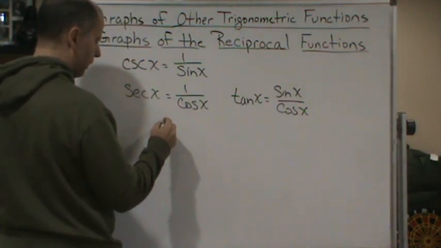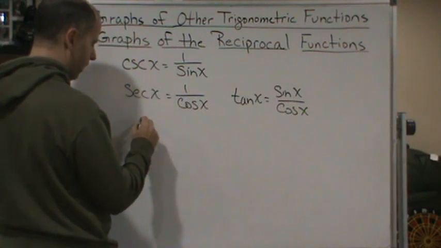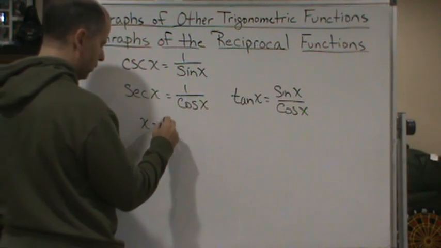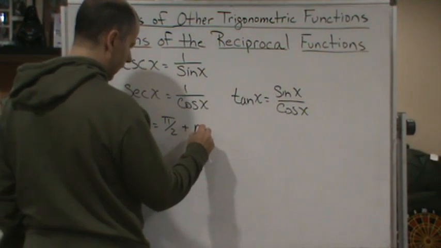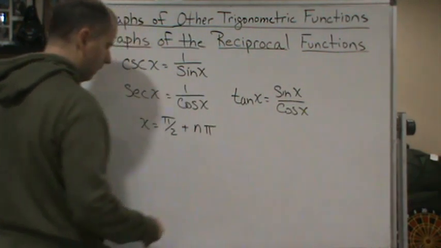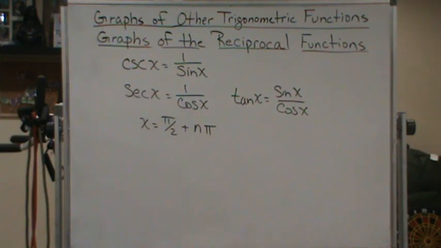So that means the vertical asymptotes for secant are going to be at x equals pi over 2 plus n times pi, where n is an integer.